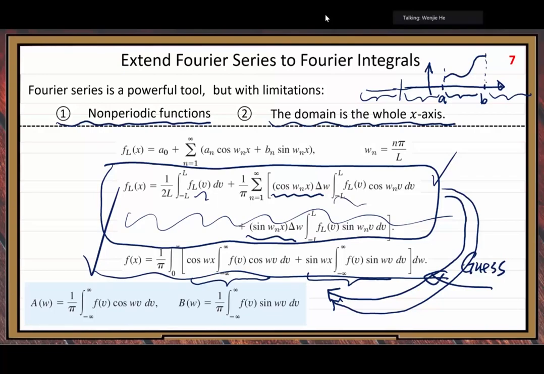You need to have some reasonable base. This is the reasonable base, something reasonable to start with. But in the way you look for the right formula, some of the steps may not be very rigorous.